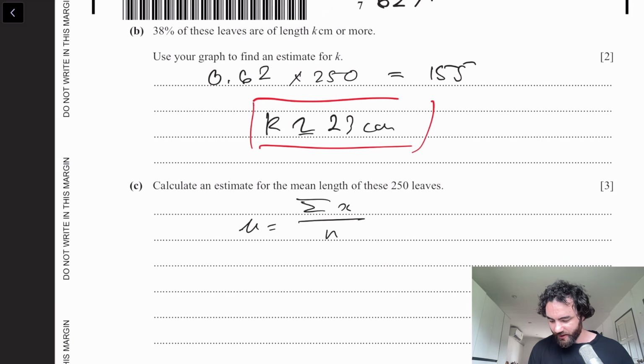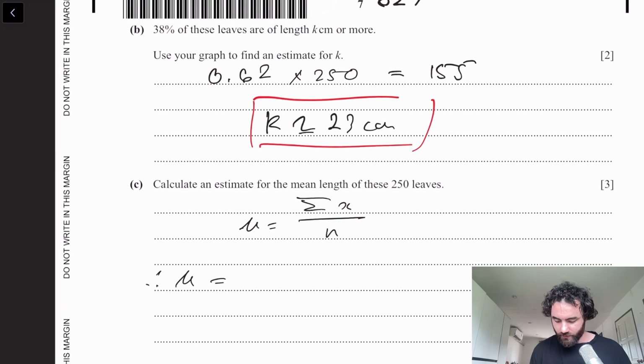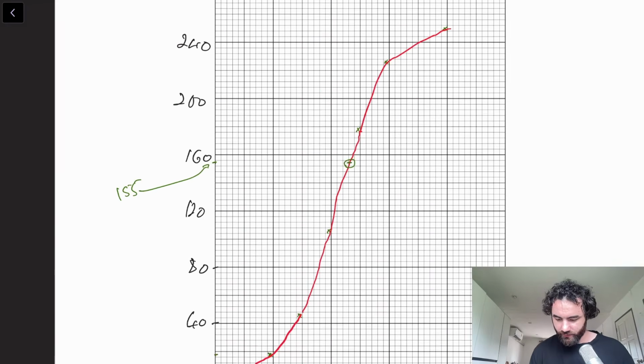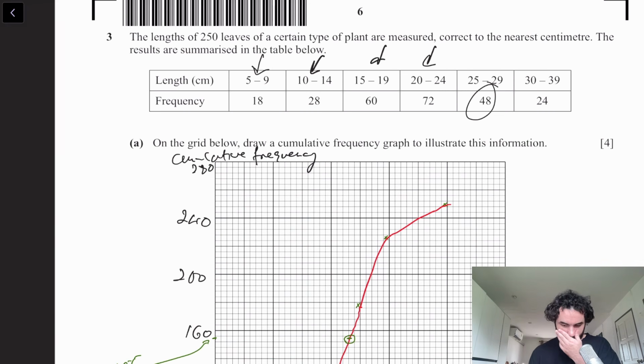So you need to look at the midpoints first. The midpoint between 5 and 9 is 5 plus 9 divided by 2.